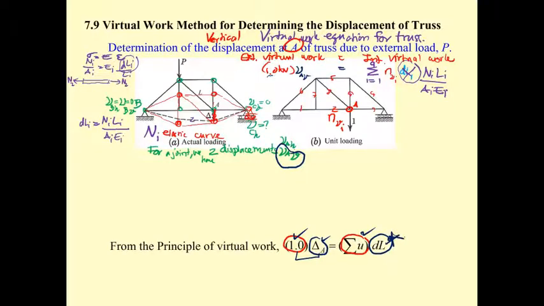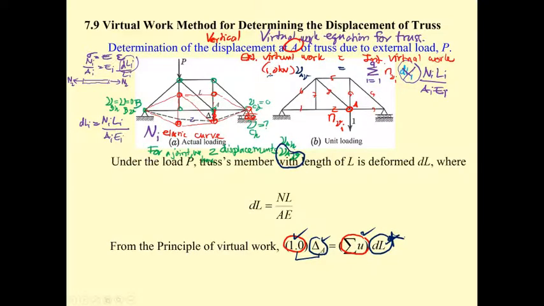Again we have dL equals N L over A E. Put it over here, and don't forget there are a number of members, so it's the summation of n times N i L i divided by A i E i, if each member has a different material.